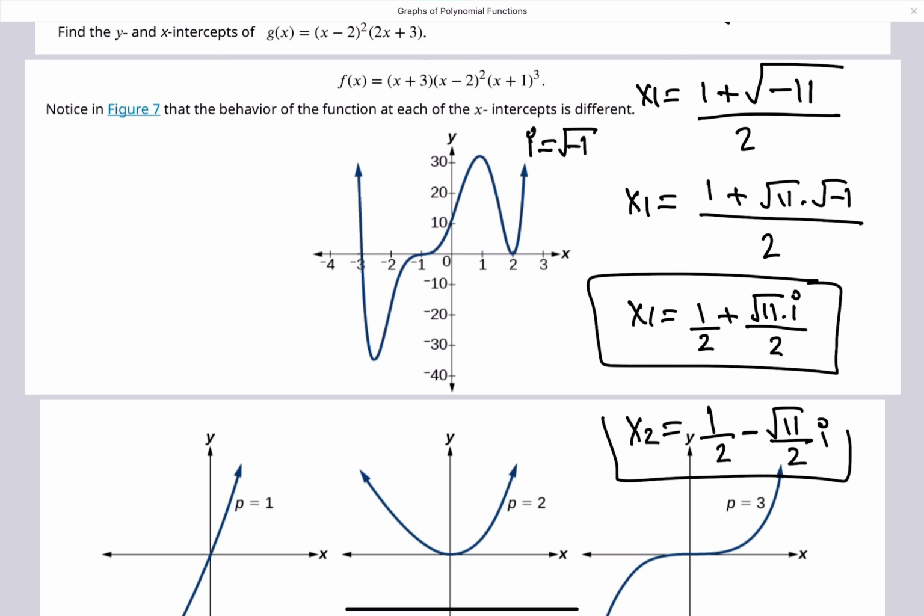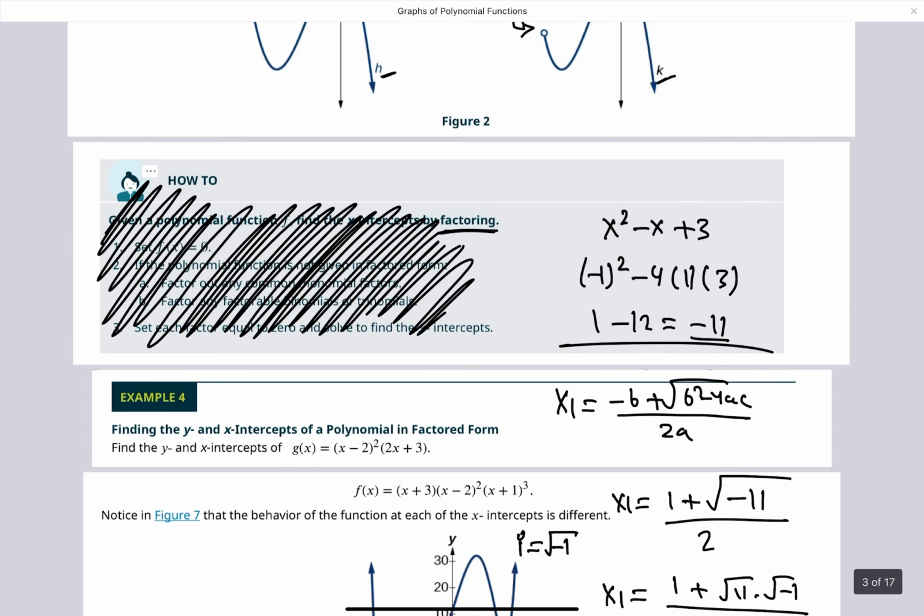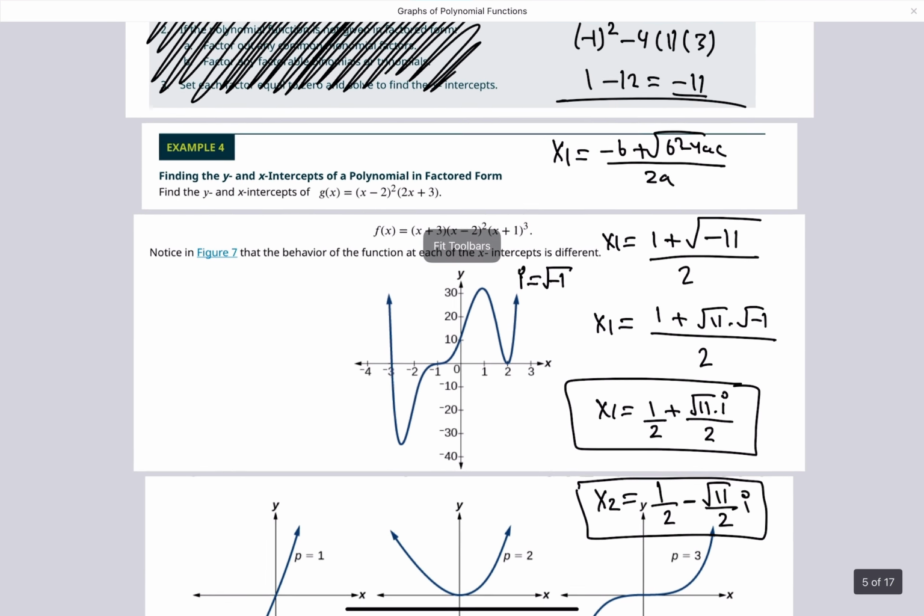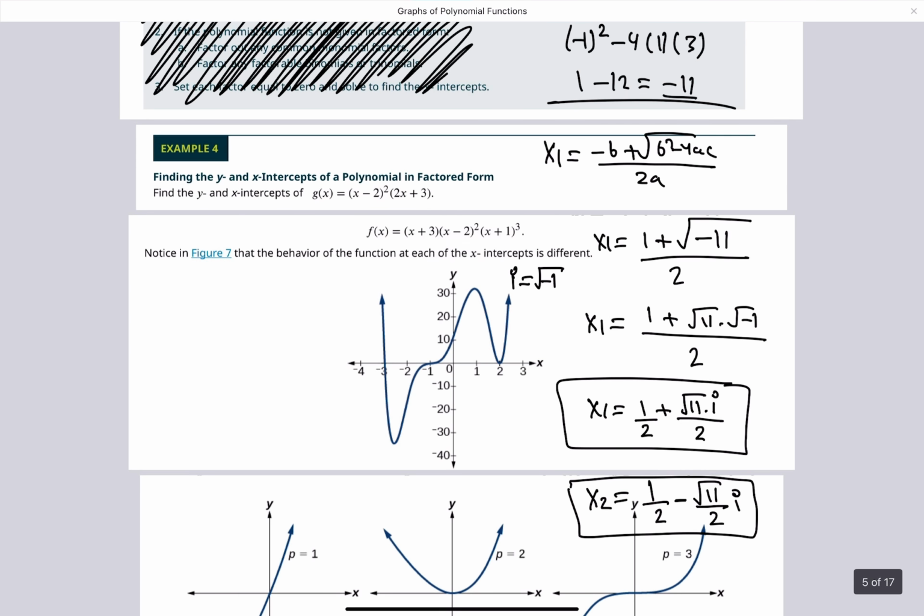So what do I take from this? What I take from this is that on the test, or whenever you're dealing with no real solutions, let's say I tell you that we have x as a factor, and I tell you x minus 3 plus i is a factor, and there's a third factor going on.